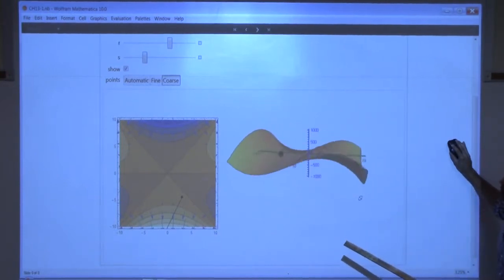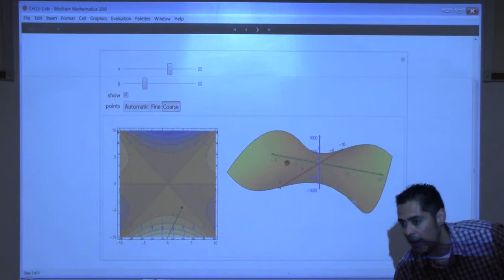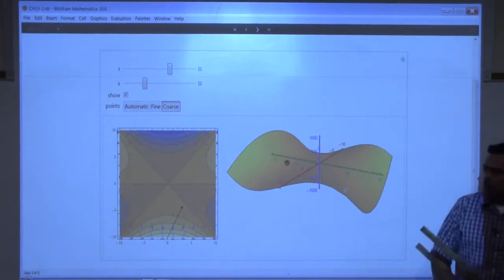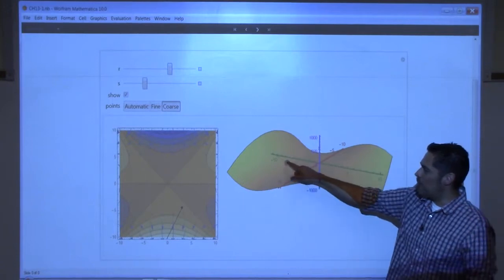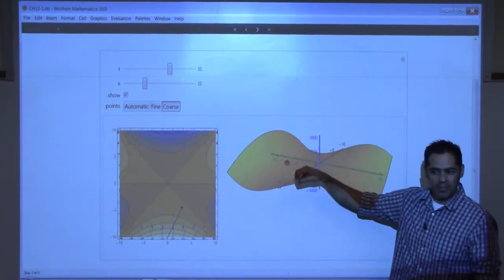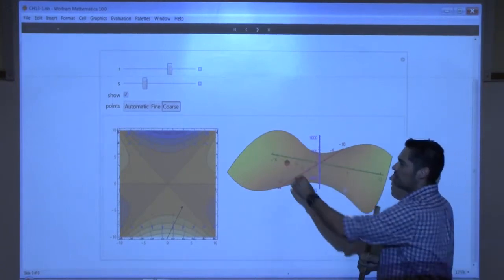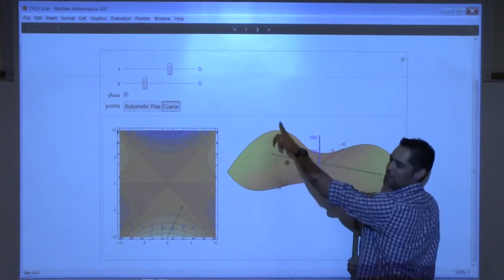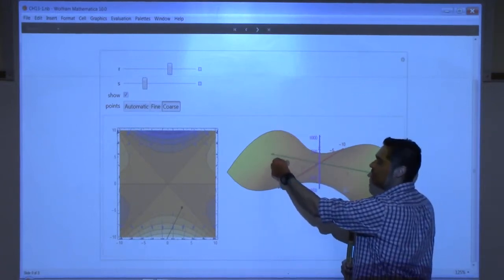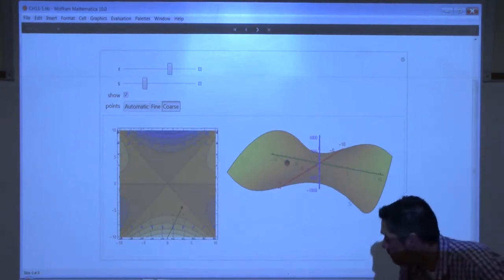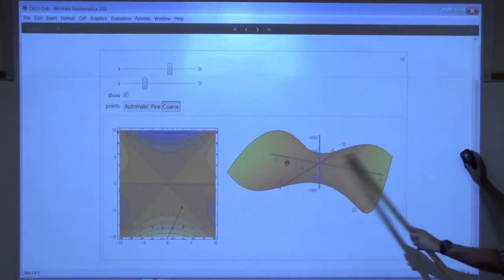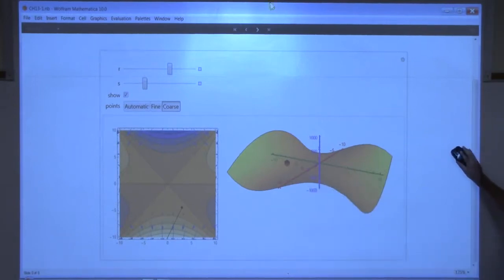So the gradient vector field for this scalar function actually tells us what would happen if this were a ball on the surface. Now, if I let this ball go, it's not going to go up. Gravity is going to pull it in the opposite direction of that gradient. Understand? So there is a very nice connection between a surface and its gradient vector field.